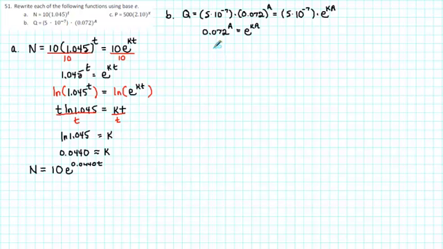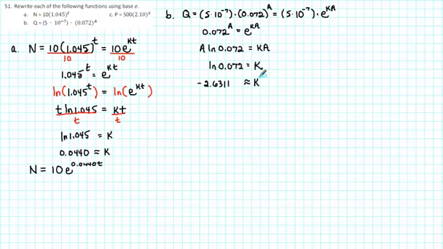So next we take the natural logarithm of both sides, and we get a times the natural logarithm of 0.072 is equal to ka. Finally, divide both sides by a, and we find that k is equal to the natural logarithm of 0.072.